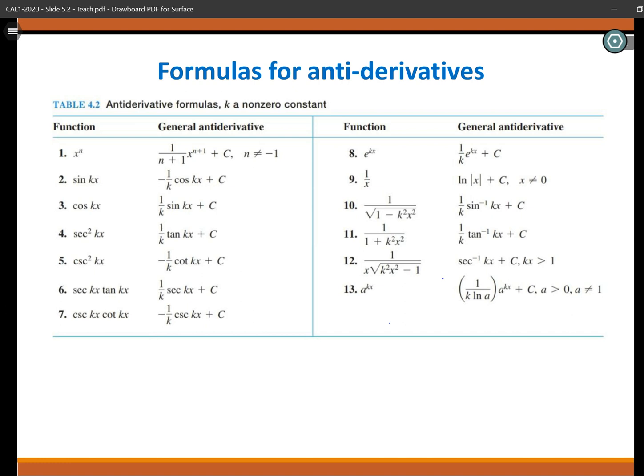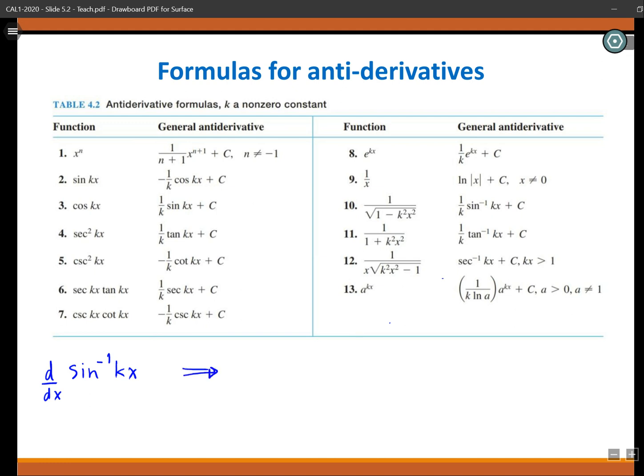Last time I was working on this differentiation of arcsine. So I have this arcsine of kx, and then I perform this differentiation on this function, and after some work I got to this conclusion.